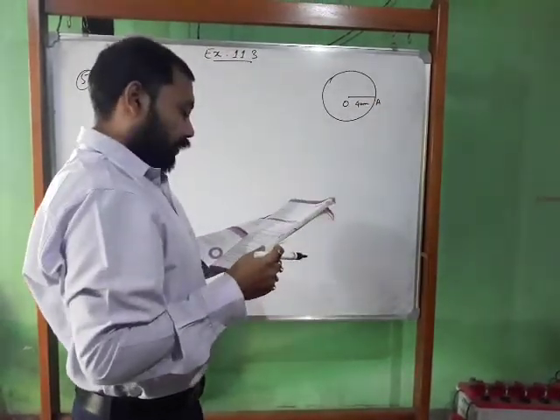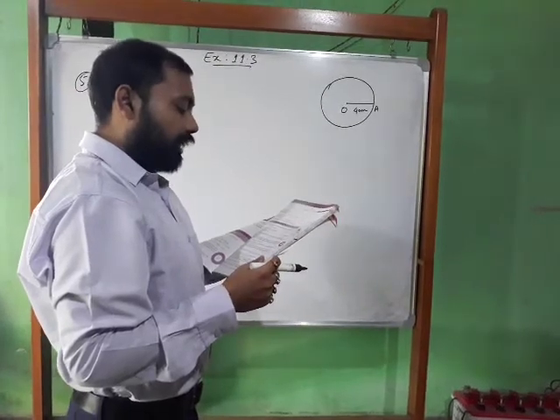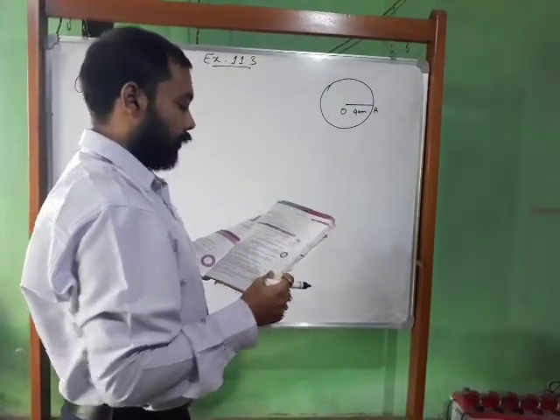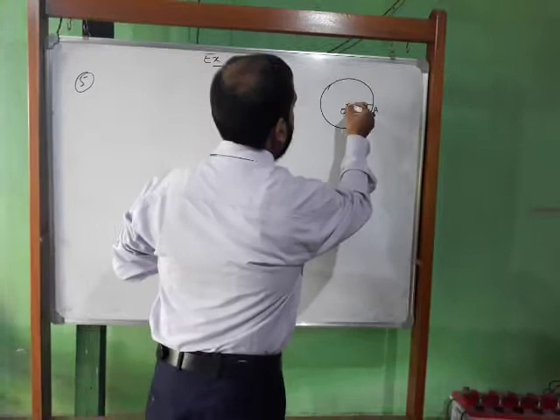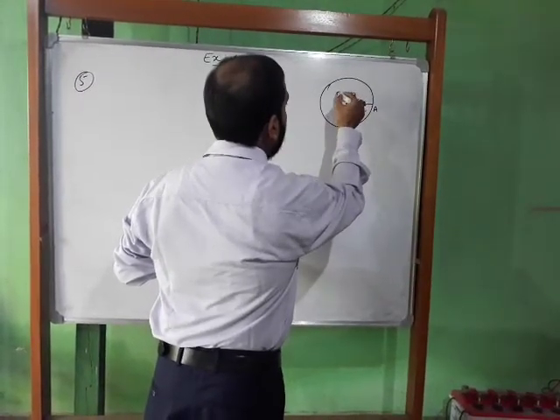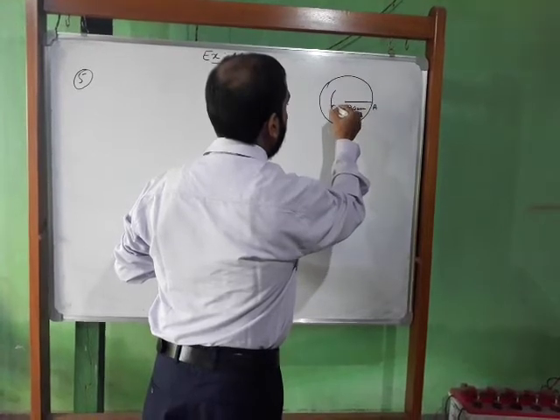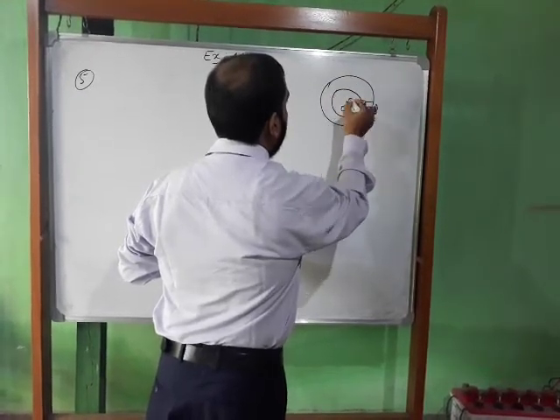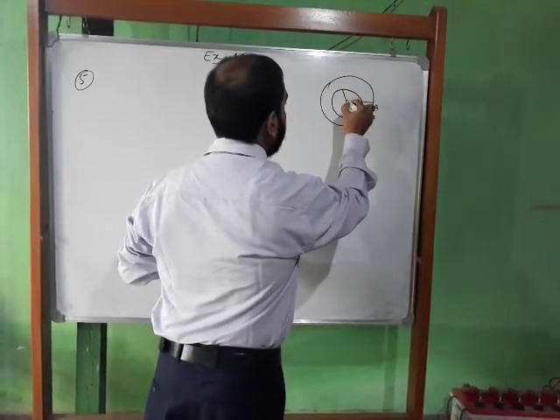A circle of radius 3 centimeter is removed. Now, with the same O as center, let us draw another circle where the radius is 3 centimeter.